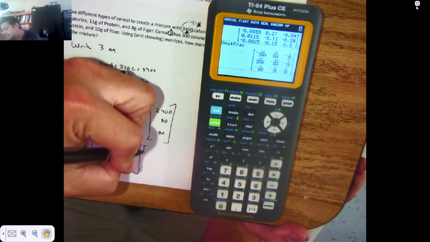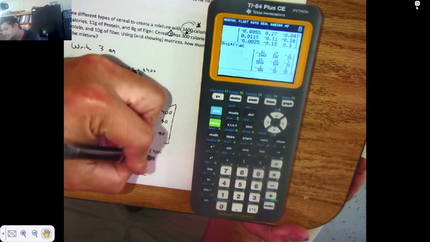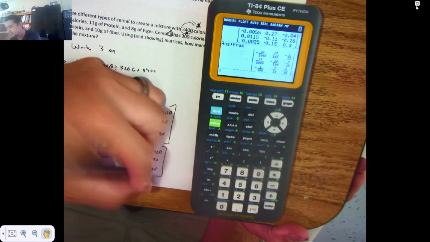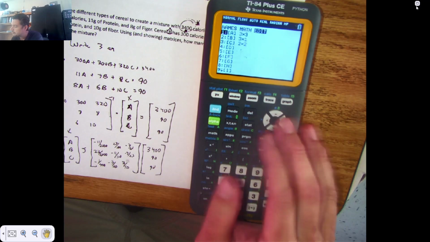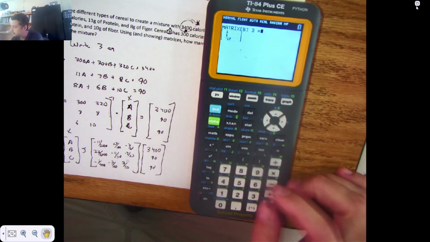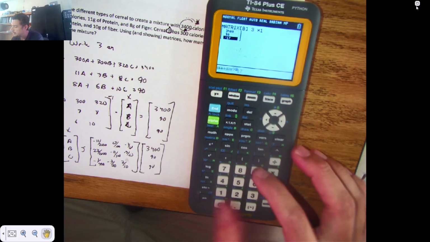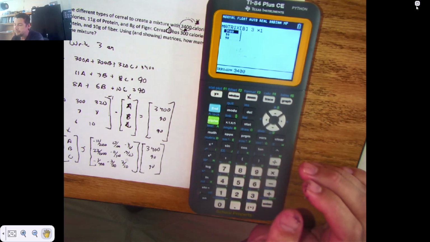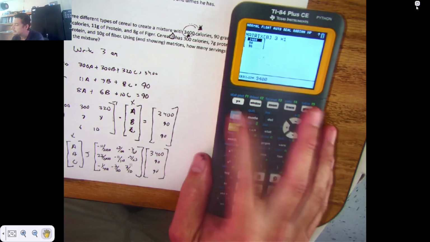And we take that inverse and we multiply it by the constants matrix. So I'm just going to put that in B real quick. Choose a 3 by 1: 3,400, 90, and 90. And it's going to tell me how much of each cereal I need to mix. I guess this is per serving.